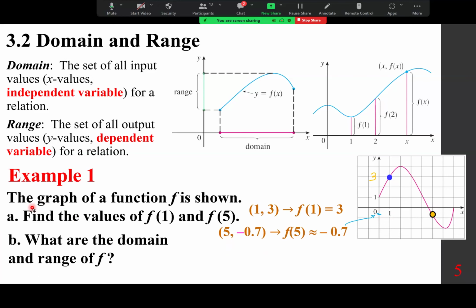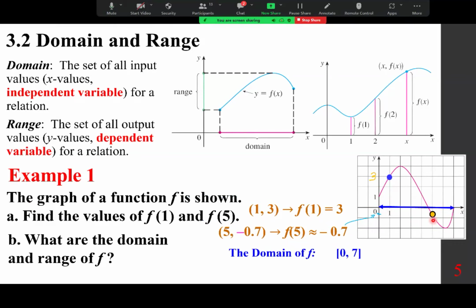What about the domain and range? Well, this graph covers anywhere from here to here along the x-axis. So if you were to lay it down along the x-axis, it can cover from 0 to 1, 2, 3, 4, 5, 6, 7. So the domain is 0 to 7.